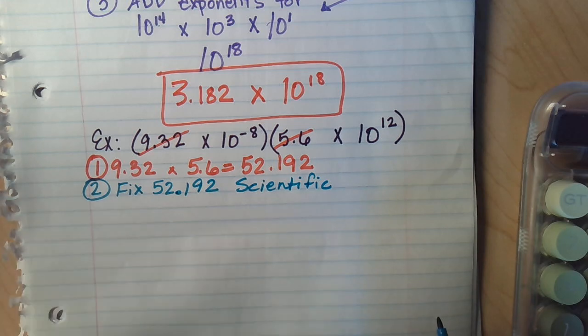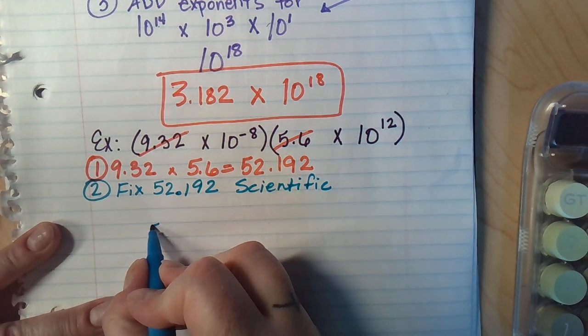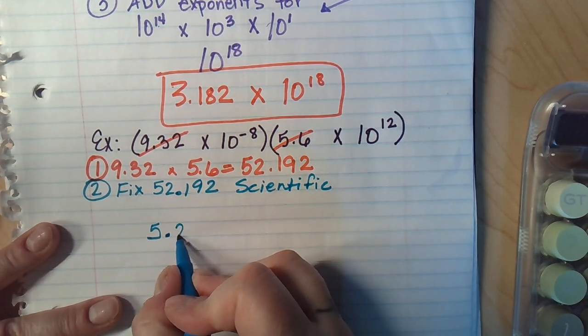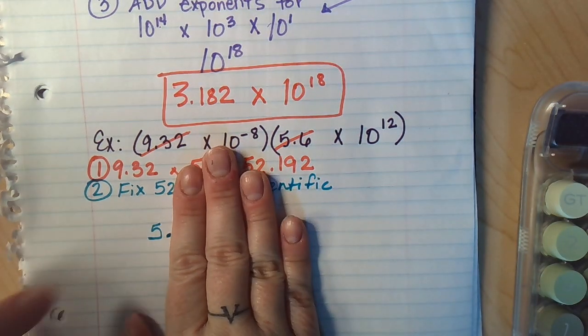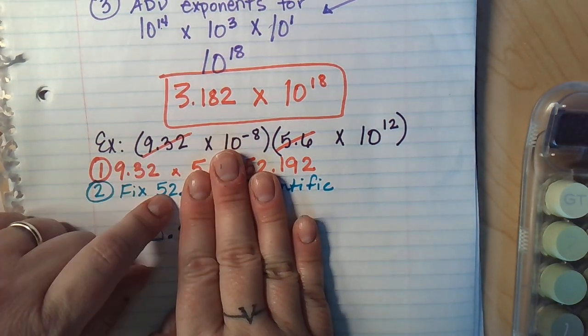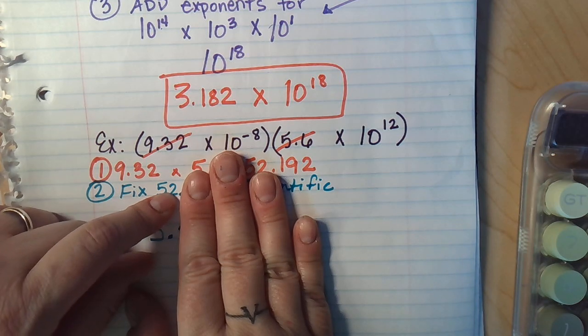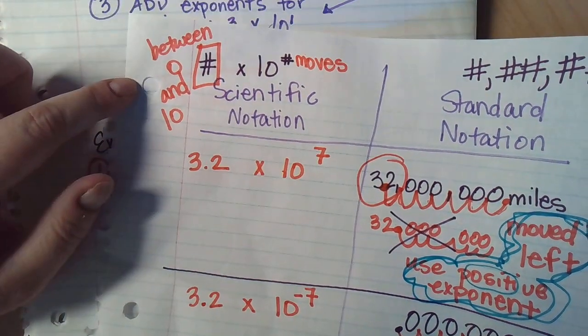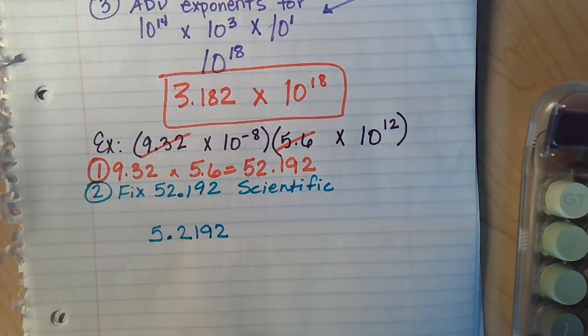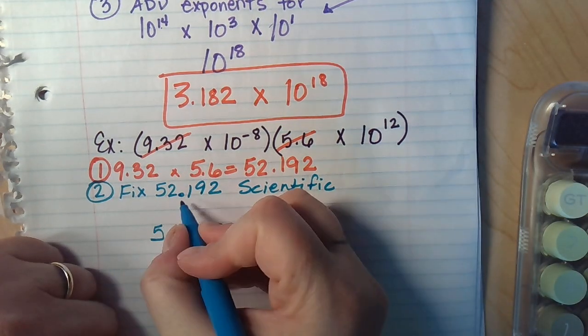Okay, when I say fix, I mean I want 5.2192. So right now, before the decimal, I have a number that says 52. But I need the decimal to move so that I have a number in between 0 and 10. So let's see, how many times did I have to move that decimal?